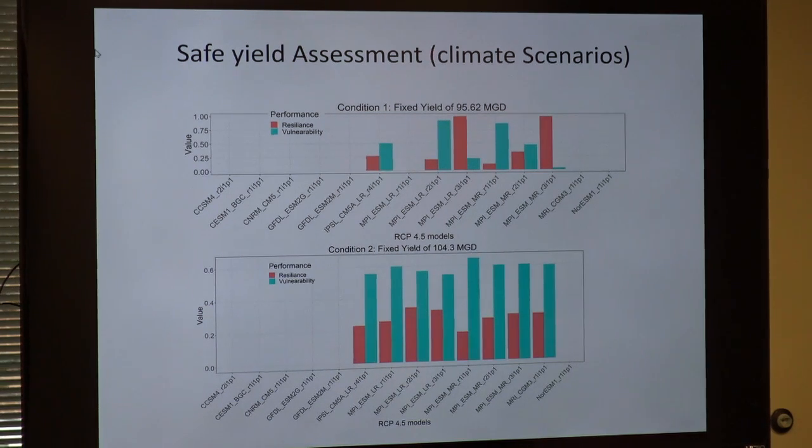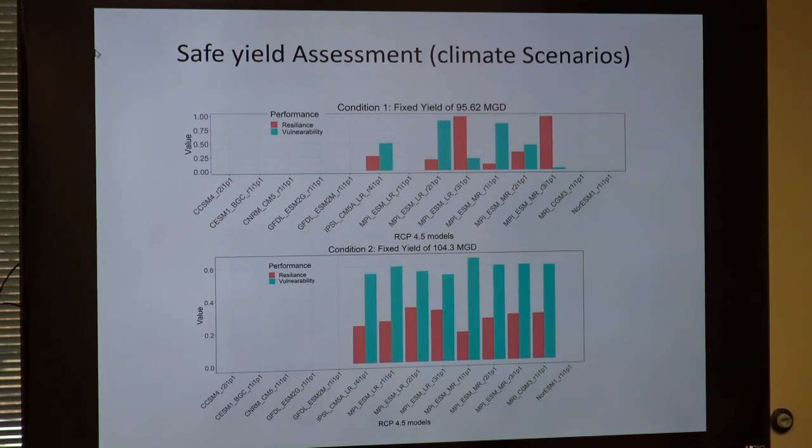So here, there's a lot of detail in this picture. The x-axis is all the models that we've used. It will definitely be cumbersome to go over everything here. There are 41.